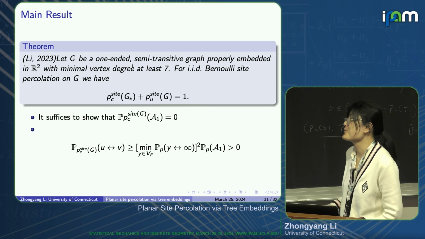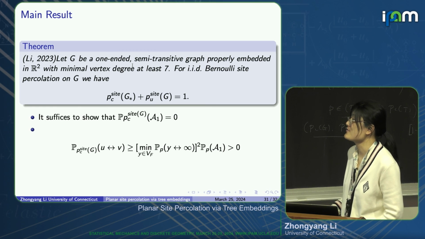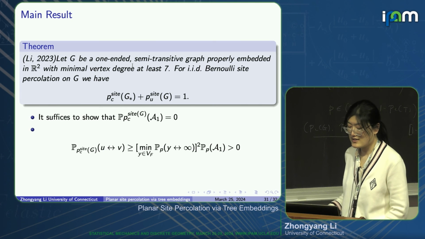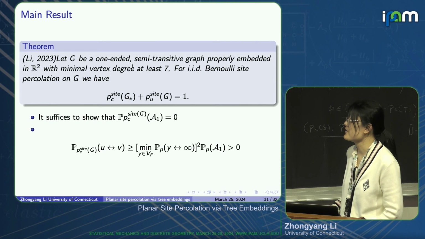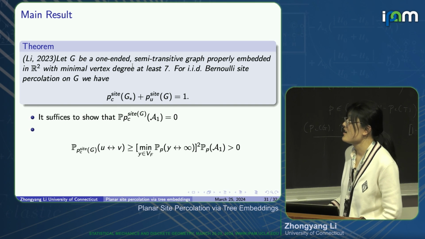Based on what we have already done, it remains to show that at the critical percolation probability, when P is equal to the critical value PC, the probability that there is a unique infinite cluster is equal to 0, again by the inequality we have already shown. So this is bounded above by that. But assume we have an infinite cluster, that is, assume this is strictly positive.